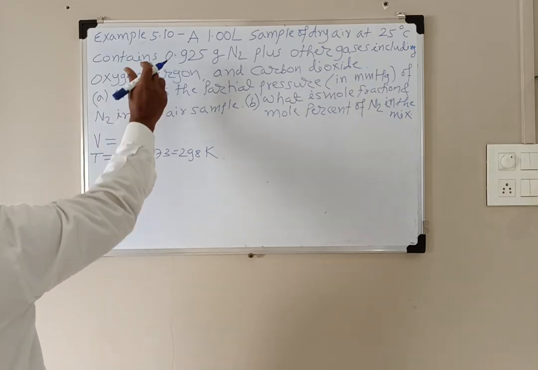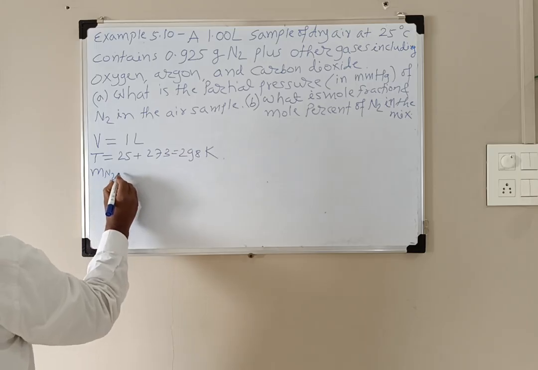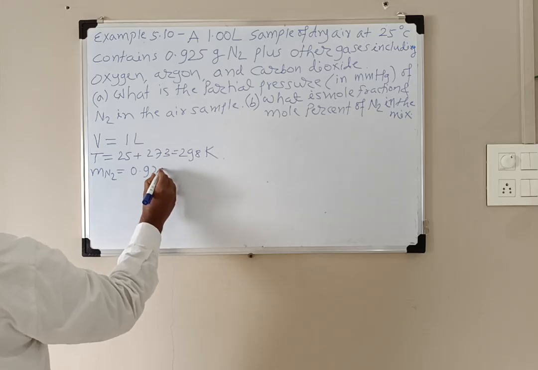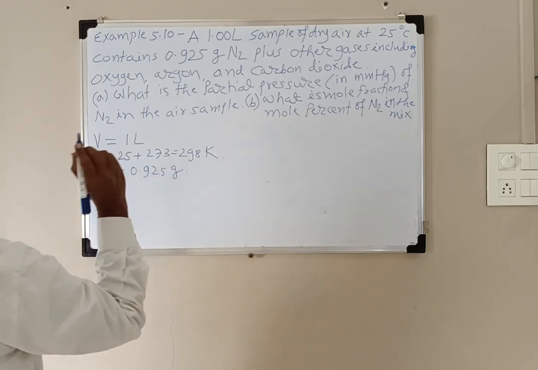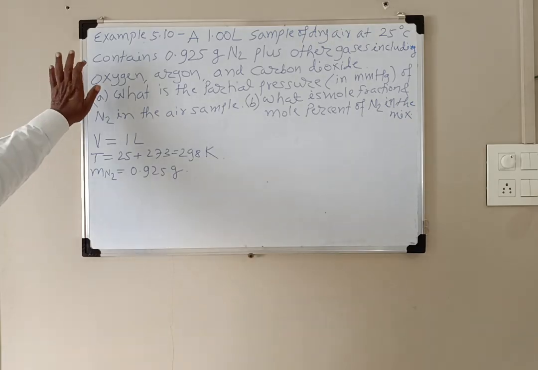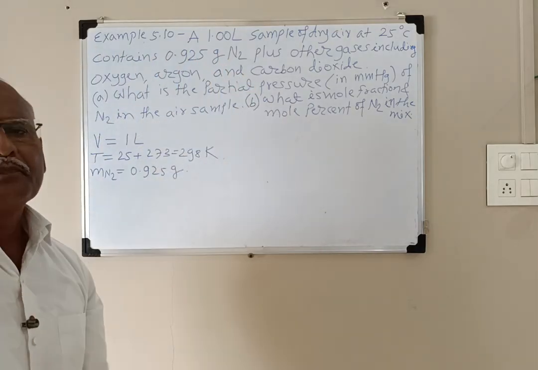Look here. Mass of N2 is equal to 0.925 gram. And other gases are also present in the mixture, that are oxygen, argon and carbon dioxide.